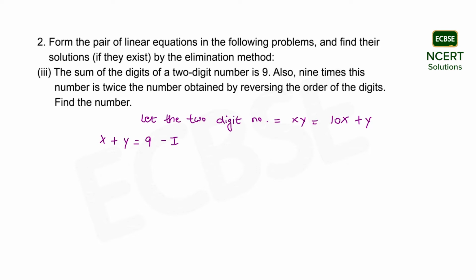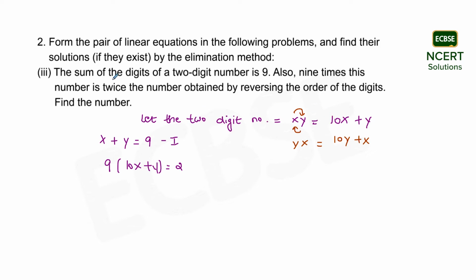Got it? So, now the statement says 9 times the number, that is 9 times (10x plus y), is twice the number obtained by reversing the order of the digits. So, suppose the digits have been reversed, that is y comes in the tens place and x comes in the unit place. Then the number will be yx, and in expanded form it will be written as 10y plus x. This is the form obtained by reversing the digits of a number.